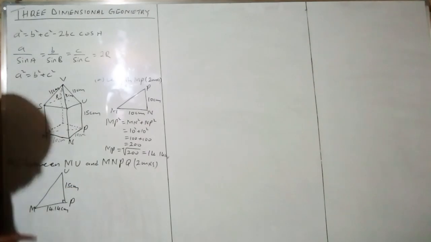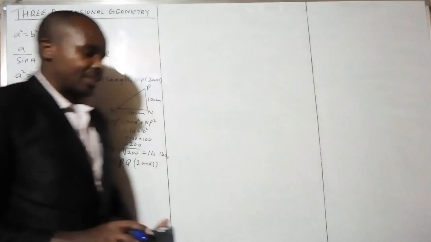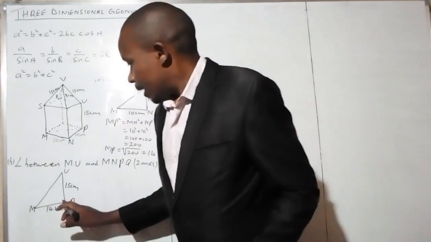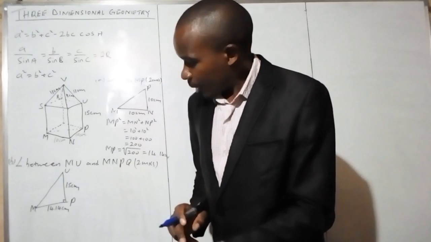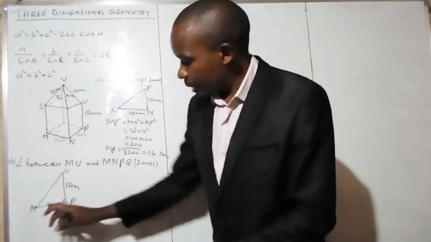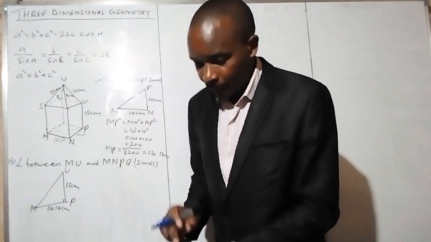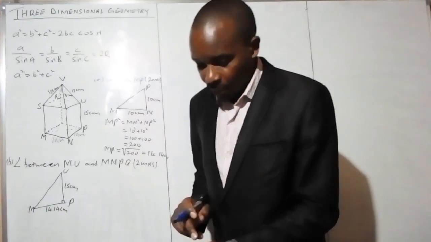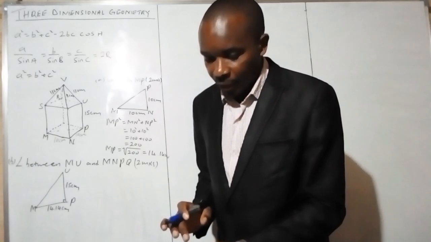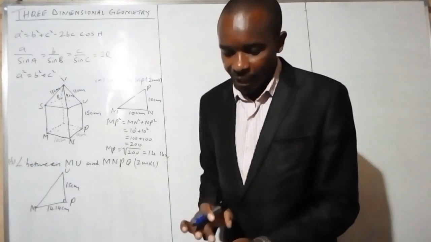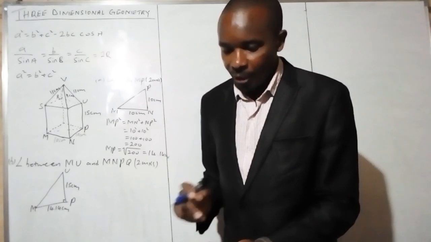You are going to say 14.14 squared plus 15 squared, that is 225, is equal to 424.9396. Square root, the answer is 20.61.